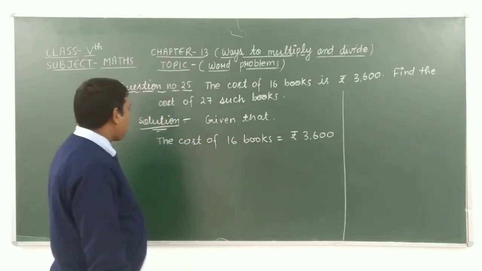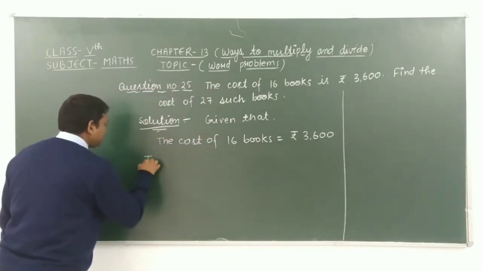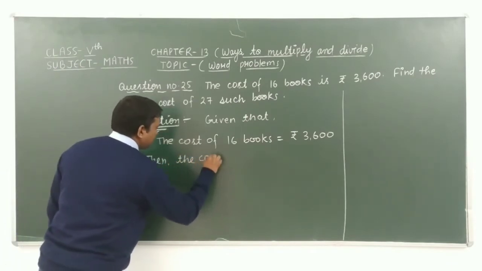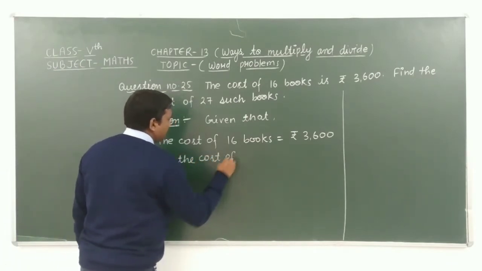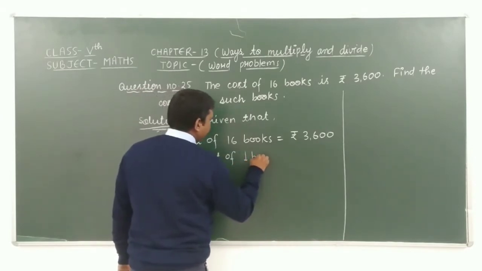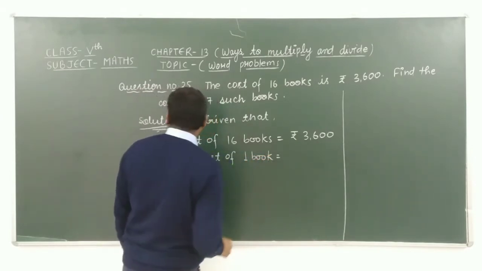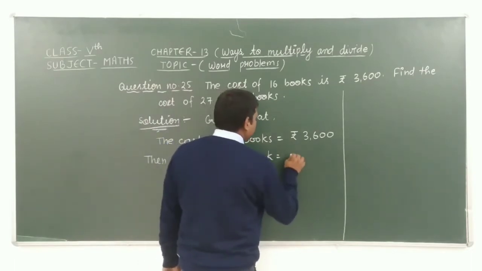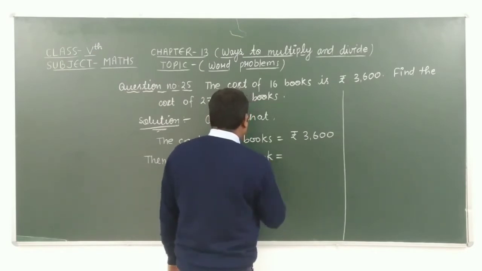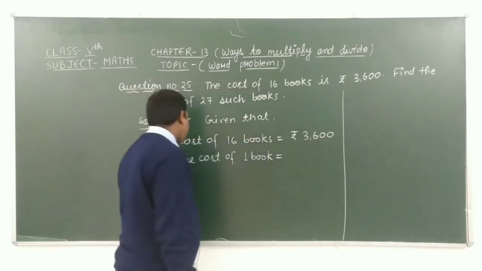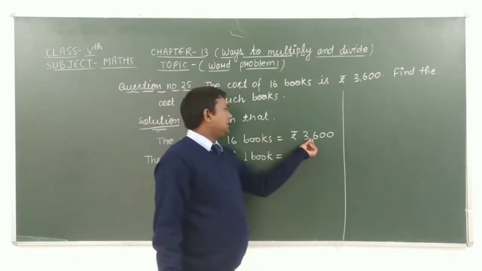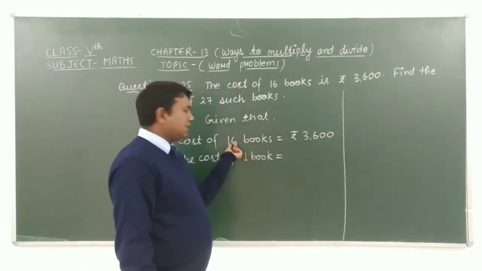Okay, dear students, then the cost of one book is equal to, for finding the cost of one book, we have to divide 3600 by 16.